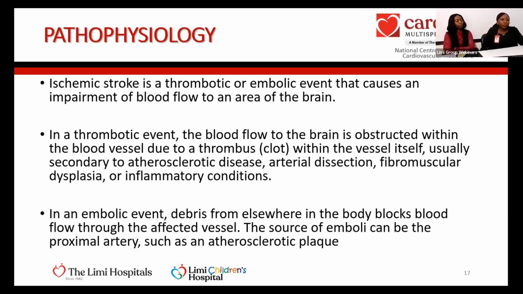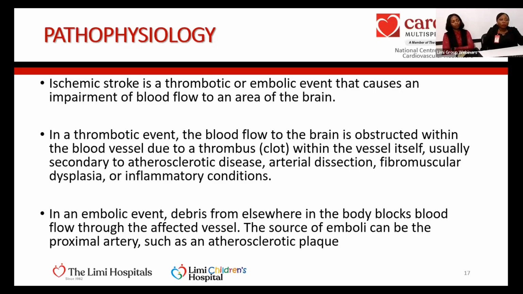So going through ischemic stroke, we talked about that when you're thinking of stroke, what's running through your mind is: is there a bleed or is there an infarction? If it is ischemic stroke, is it thrombotic? Is it a thrombotic event, or is it an embolic event that has caused the impaired blood flow to the area of the brain? If it's a thrombotic event, we know that the blood flow to the brain is obstructed within a blood vessel due to a clot.